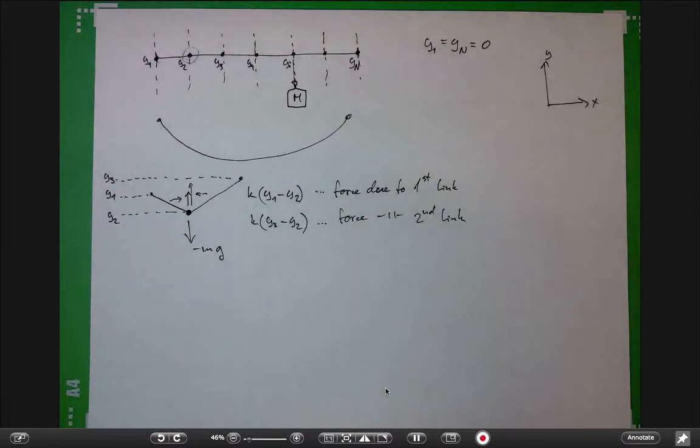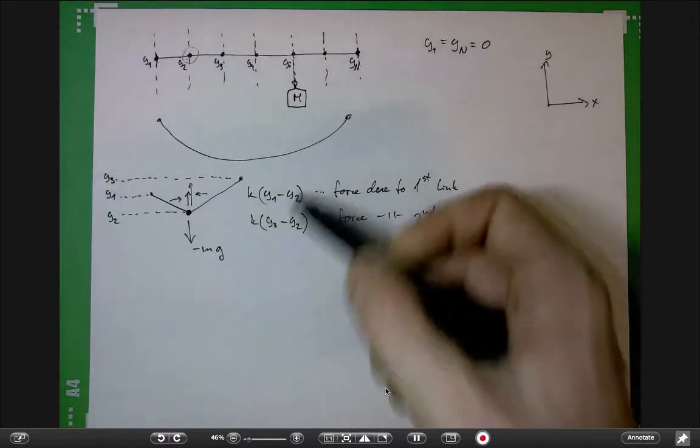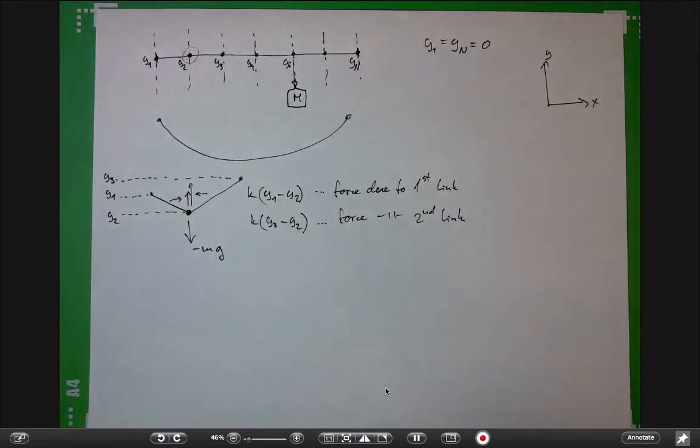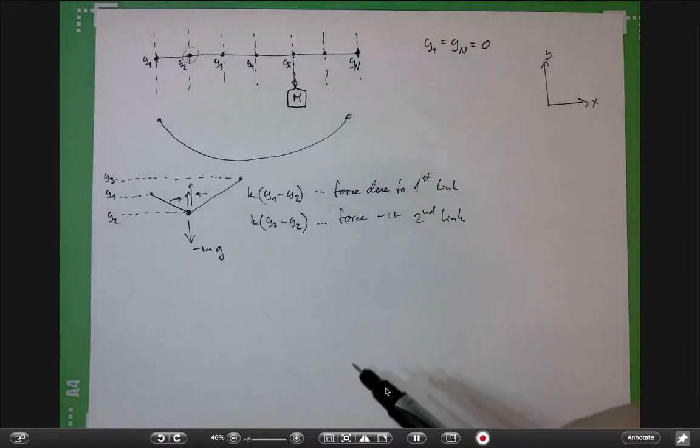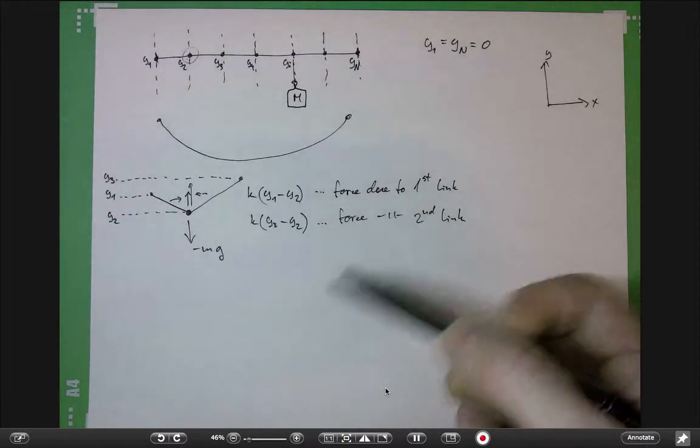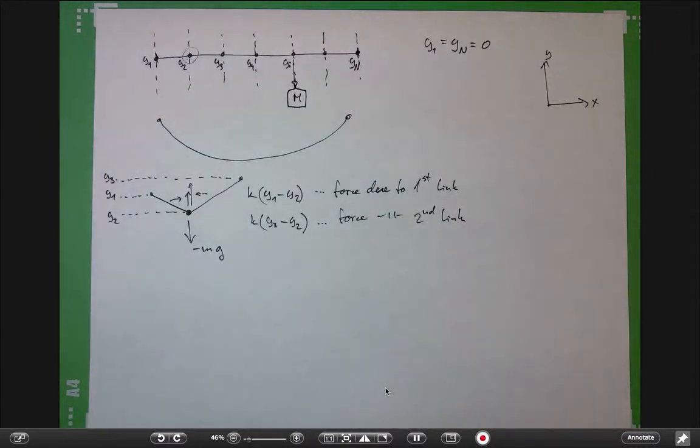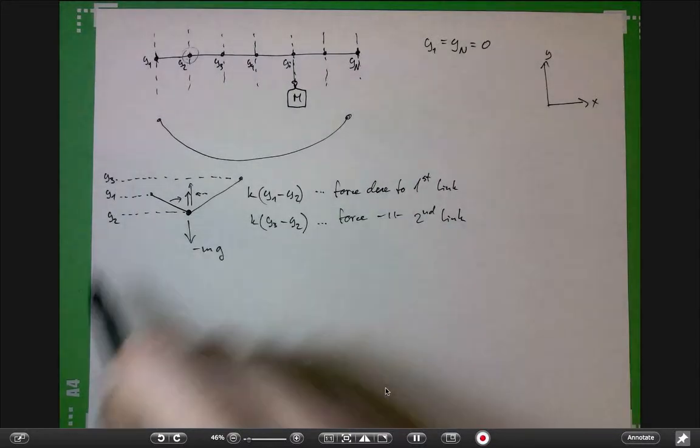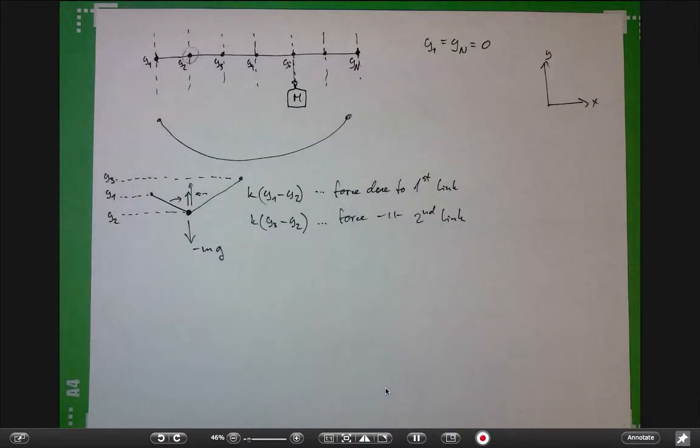Now this is a brutal simplification of real physics. Real physics is way more complicated. It becomes non-linear and so on. But it already gives us some very useful insights about a system like this, about a stretchy spring. And the cool thing is that a problem like this can be completely described in terms of linear equations.